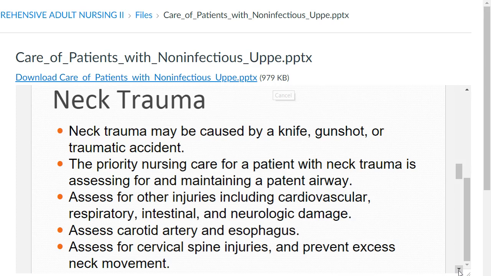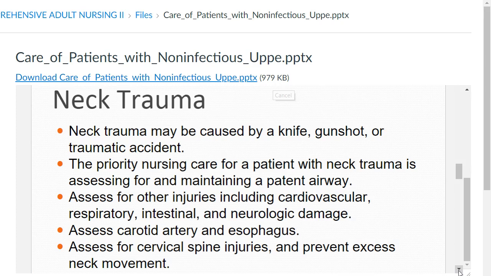And you want to look for any other injuries, including cardiovascular, respiratory, intestinal, and neurological damage, especially when we're talking about the carotid artery. But you have to understand, if that carotid artery is nicked, that's going to bleed out very quickly, and unless you get the person to the hospital and provide adequate vascular volume and hold pressure on that area, we're going to lose that patient very quickly.